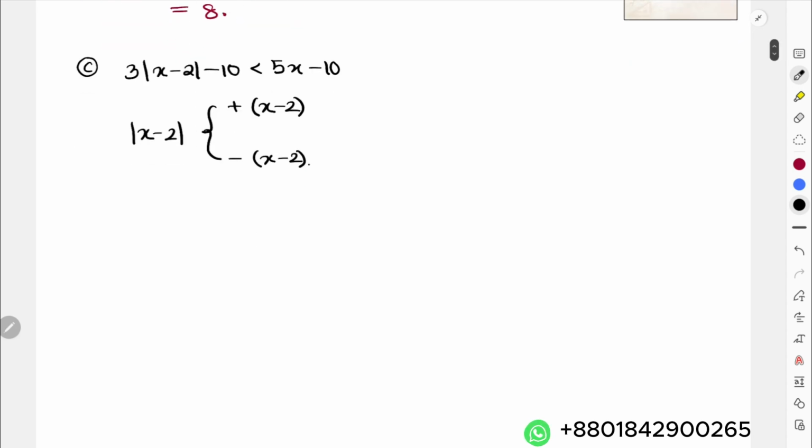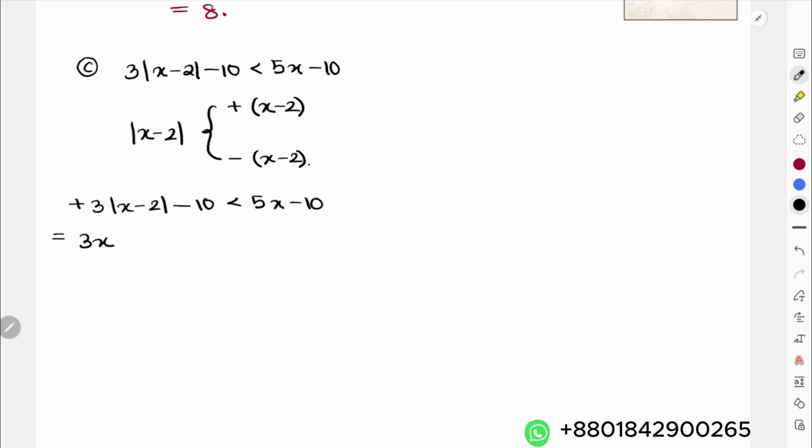Now for the positive x minus 2 and negative x minus 2, I can carry out with this as plus 3x minus 2 minus 10 less than 5x plus 10, and then again carry out the same thing for the negative value also. So we're going to first focus on this plus value.